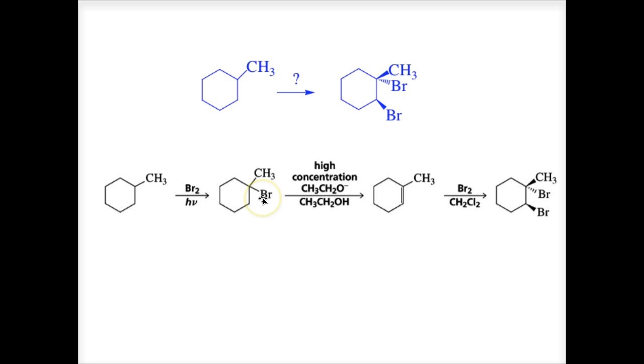Put bromine on there. Bromination leads to selective substitution of the tertiary hydrogen. Under E2, tertiary alkyl halides undergo only elimination, so there will be no competing substitution reaction. So here we're doing the elimination of bromine and a hydrogen, E2, forming our elimination product.